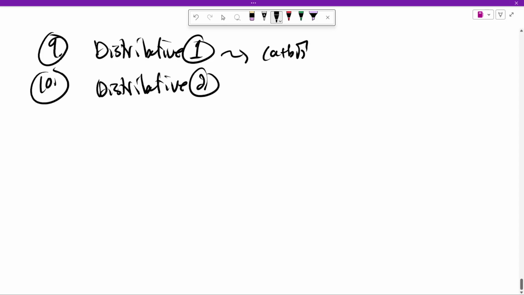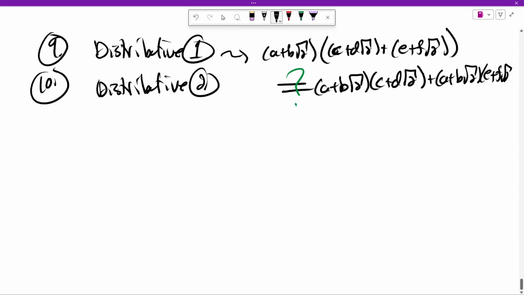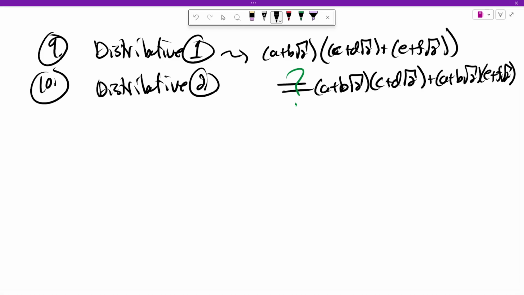You have to take a random element in our set, multiply it with the sum of two random elements in our set, and then compare that with multiplying the first guy with the second one, and then adding that to the product of the first one with the third one. So how do you do that? Well, you have to multiply and add everything out, and then check that you get the same thing. And it's a similar thing with the second distributive property, or the right distributivity.